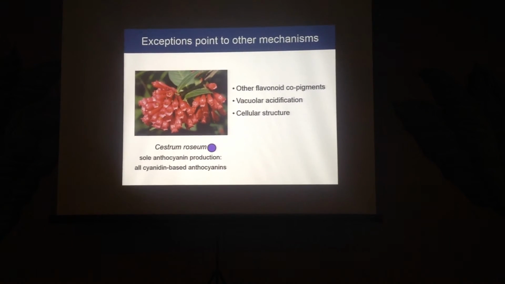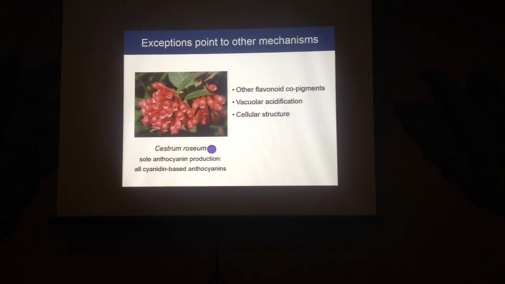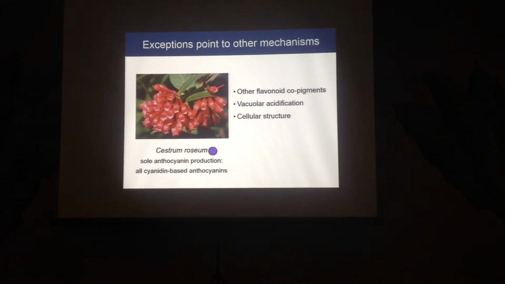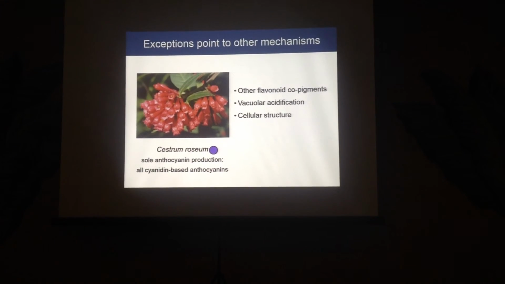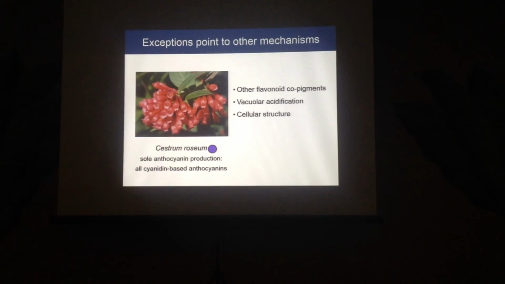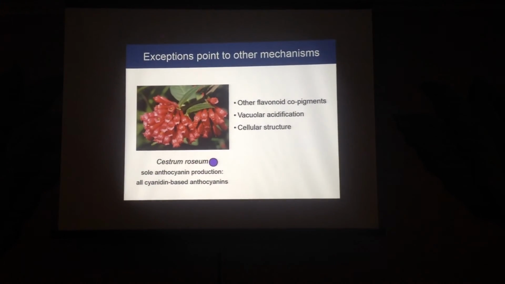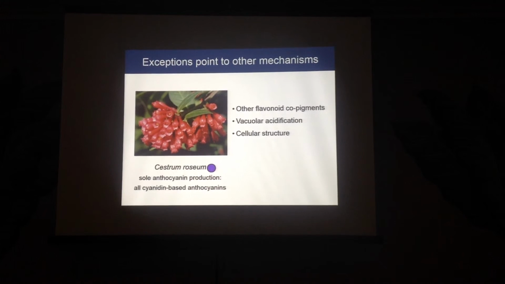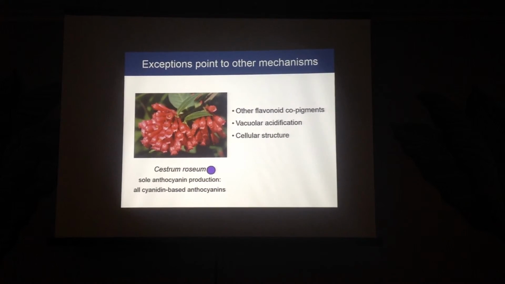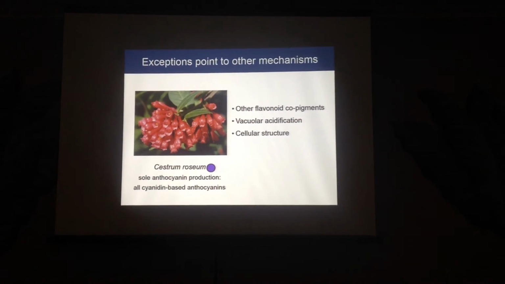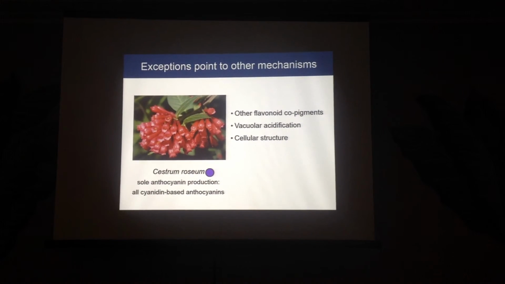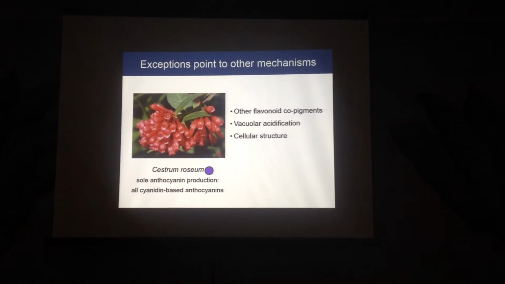We've known for a long time, actually, that there are other things that can alter flower color. So, for example, anthocyanins are part of this larger flavonoid pathway. There are some slightly yellowish compounds upstream of these anthocyanins, and those can alter how the anthocyanins look. Then there's the environment in which those anthocyanins are existing, the vacuolar pH.